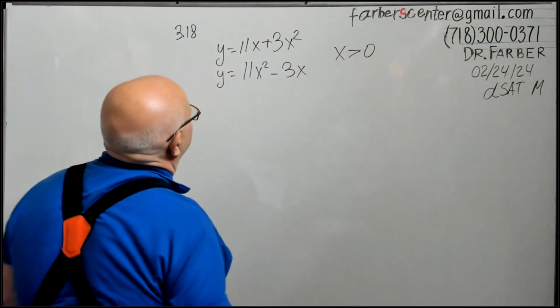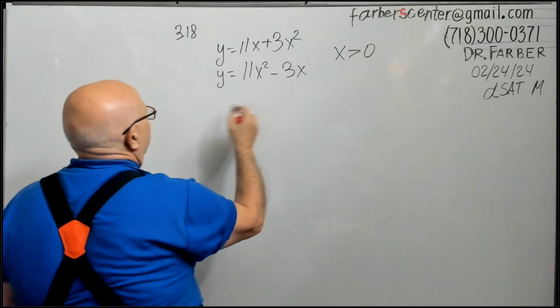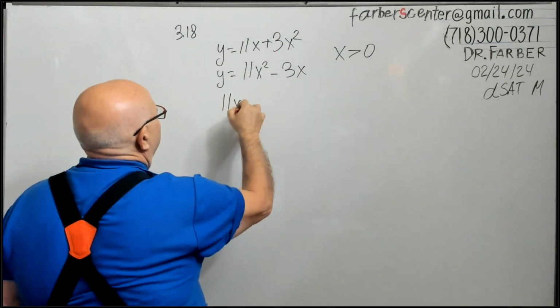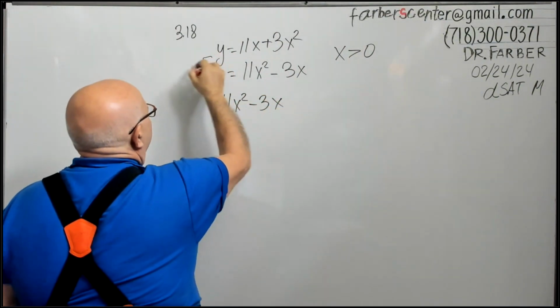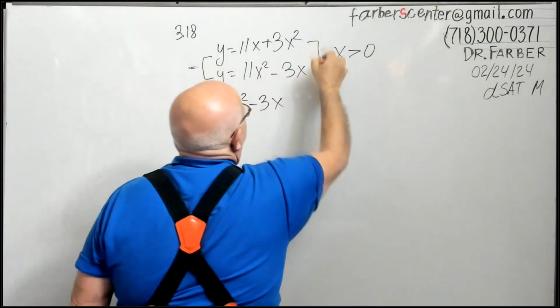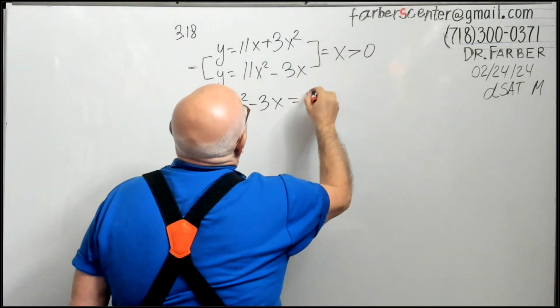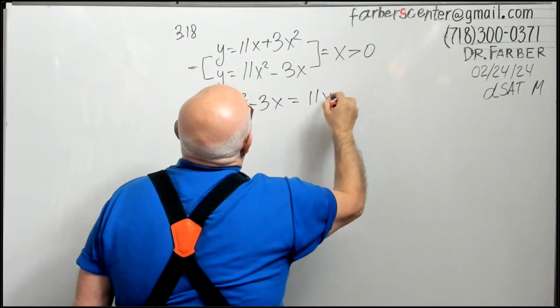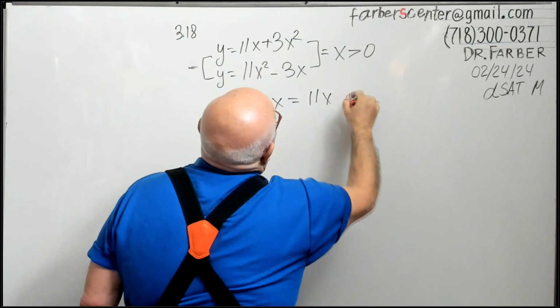Well, since left parts equal to each other, right parts equal to each other, by the transitive property, 11x squared minus 3x equals 11x plus 3x squared.